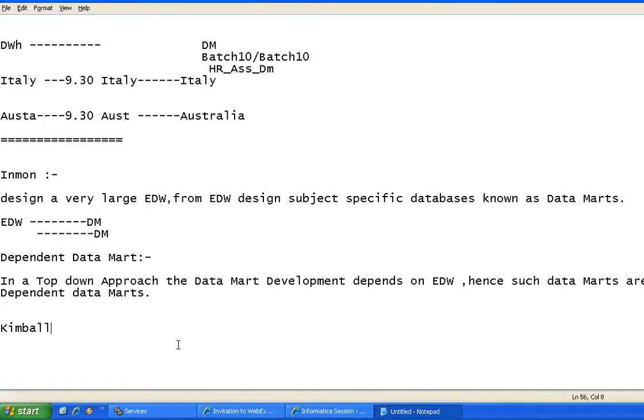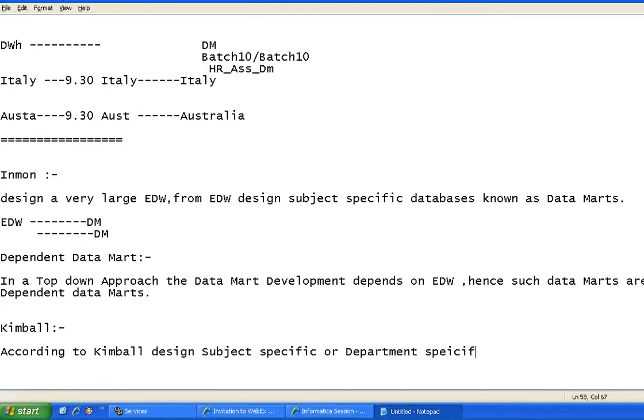Fine. So we have Kimball's theory also. According to Kimball, he is asking us to design subject specific or department specific databases known as data marts.